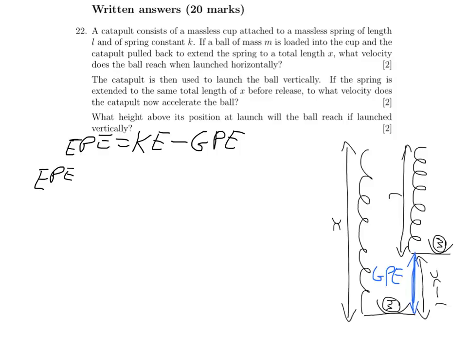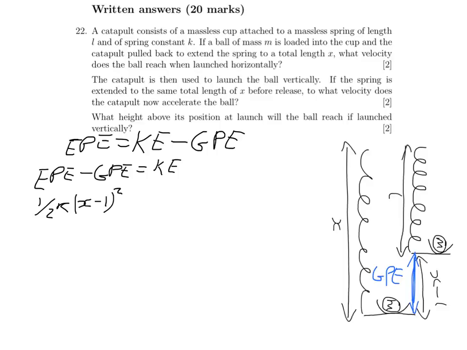So the elastic potential energy that's stored, minus that little bit of work done, the gravitational potential energy, will give us the kinetic energy. This one's a little bit more involved because of that added complication. Our elastic potential energy is just as before, half k (x minus L) squared.